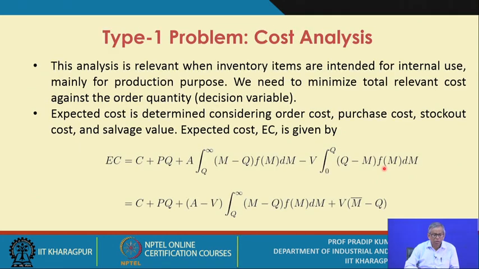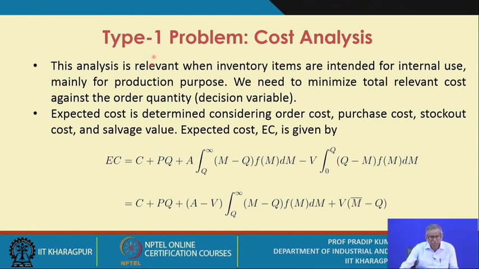Now, let us talk about type 1 problem. Already we have stated what is a type 1 problem: when the demand is a variable and the lead time is constant. So, this is just one combination, and we will be dealing with the cost analysis. Now, certain points you should keep in mind.